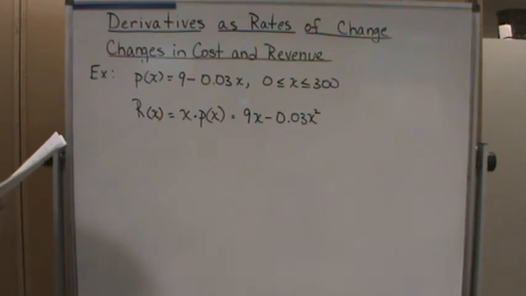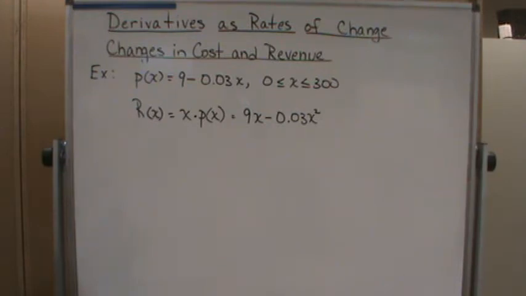Okay. Now, again, same range for X, the number of items. It says use the marginal revenue function to estimate the revenue obtained from selling the 101st barbecue dinner. Compare this to the actual revenue obtained from the sale of this dinner.